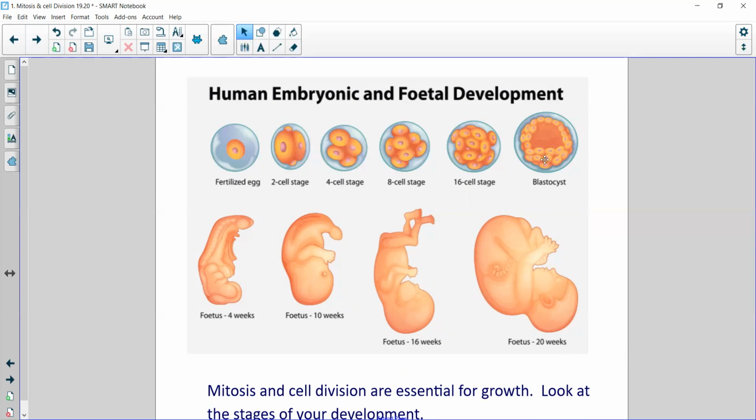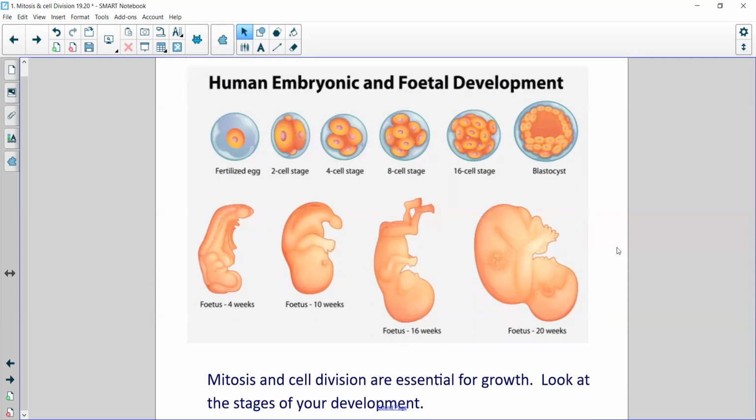Some of these cells are becoming specialized. We'll talk more about that in the next lesson. But what is important is that even though they may be becoming specialized, to actually just get to something this big, we have had a whole lot of cell divisions going on. And in every single case, we've got the 46 chromosomes going into each and every one of those cells.